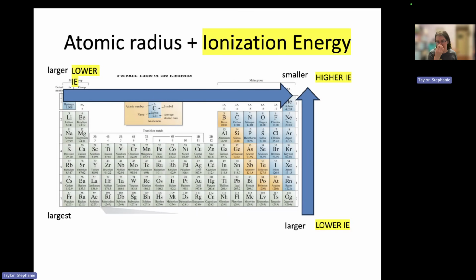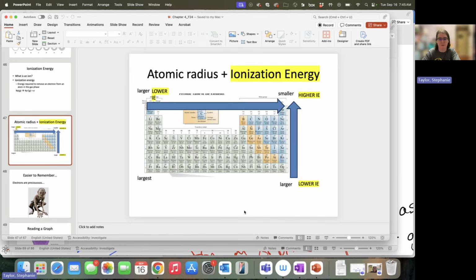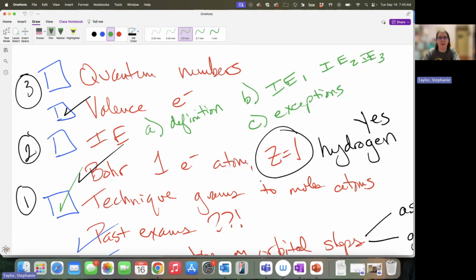So I did skip atomic radius. But ionization energy is lower, so that's the highlighted part. You have lower ionization energy the farther you are to the left on the periodic table. You have lower ionization energy the lower you are on the periodic table. Part of the reason for this, now I need to draw something.